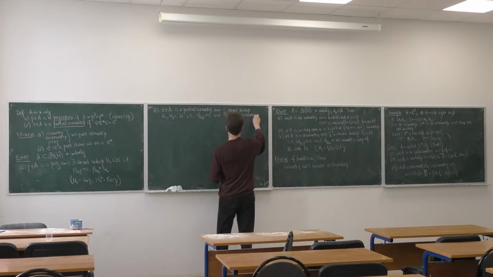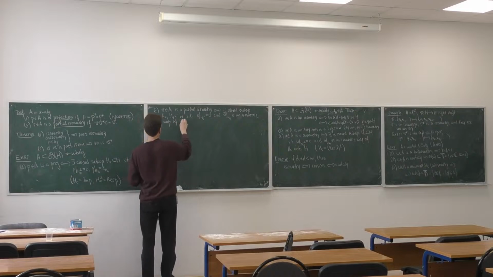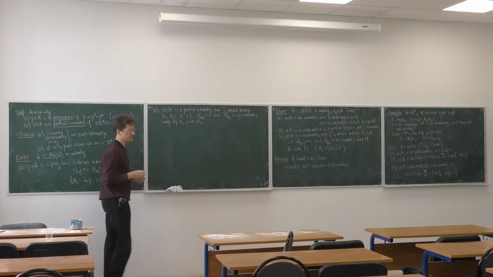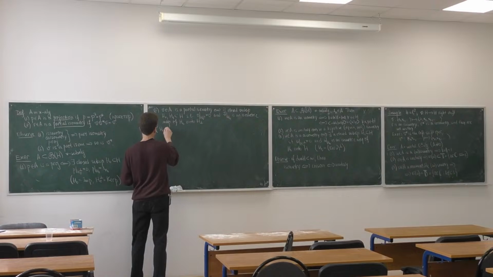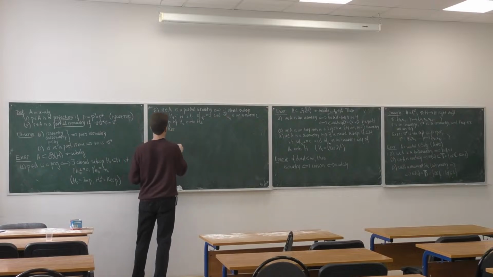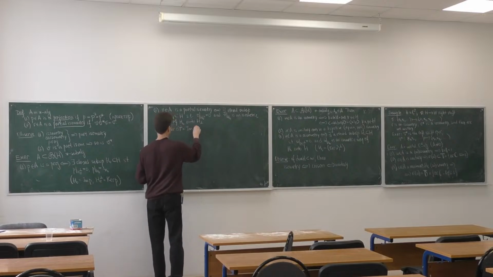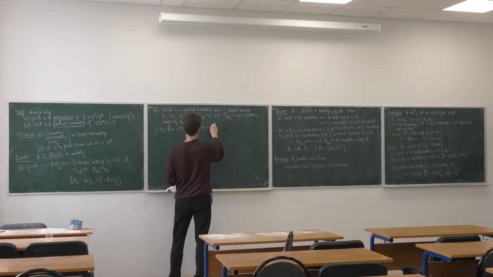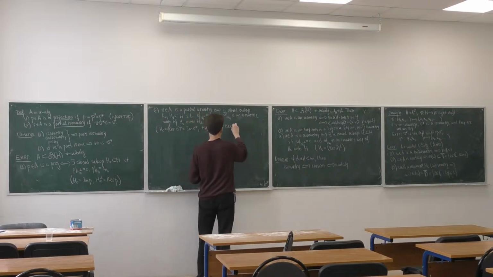And actually, in this case, H0 is nothing but the orthogonal complement of the kernel of V, which is, by the way, equal to the image of V star, the adjoint. And H1 is exactly the image of V, which is nothing but the orthogonal complement of the kernel of V star.